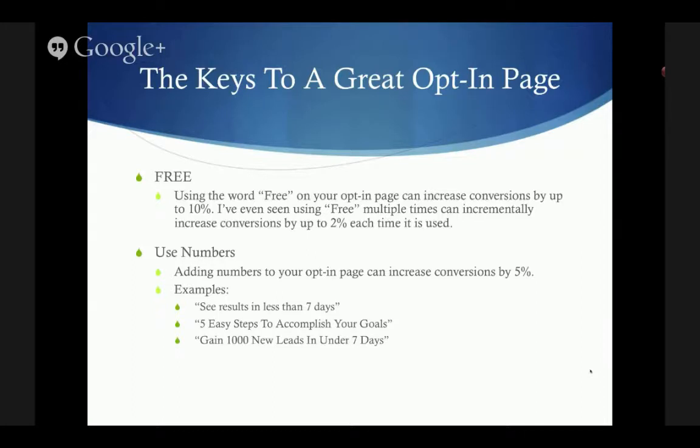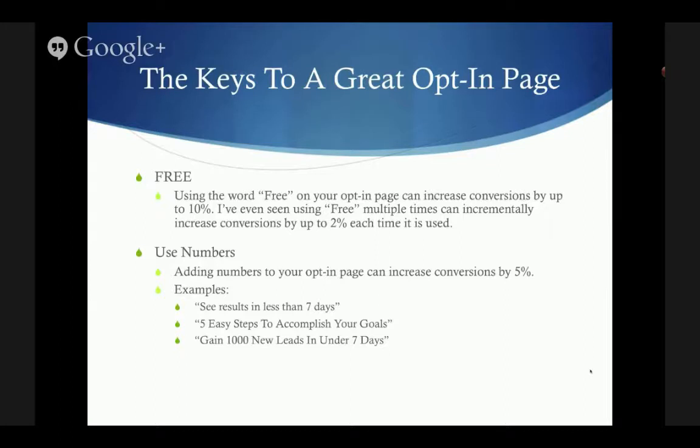Another key you can use is to add numbers. Adding numbers can really help increase conversions because it makes it real. So: see results in less than 7 days, 5 easy steps to accomplish your goals, gain 1,000 new leads in under 7 days. And it's actually been said, don't round.